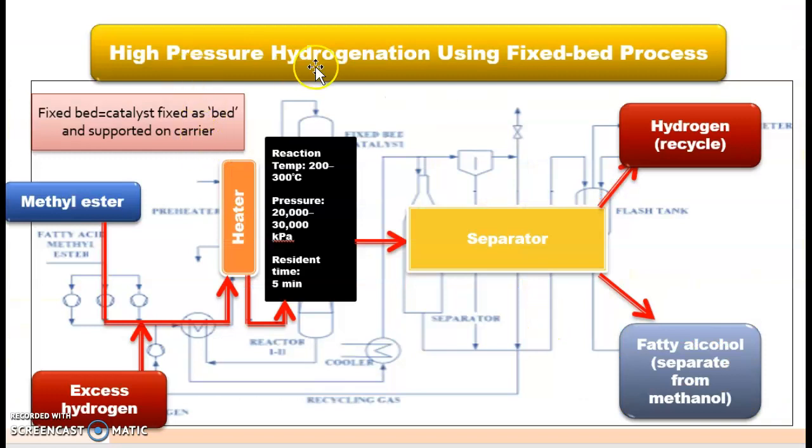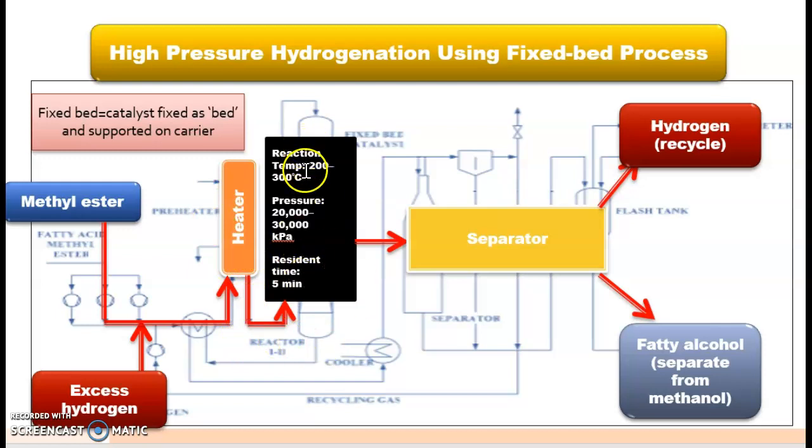Okay, the high pressure hydrogenation using fixed bed process. Fixed bed means that catalysts are fixed as a bed and supported on a carrier. So for the process here, your fatty ester will enter the heater first, to preheat your fatty ester and your excess hydrogen. Then it goes to your reactor.